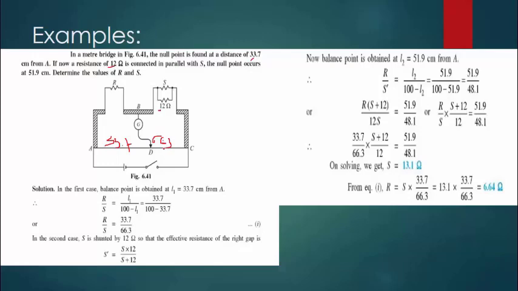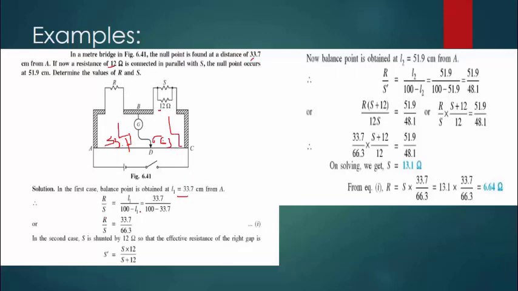Okay, so we have AD as 33.7 and DC as 66.3. So in the first case, when the balance point was 33.7, from our formula R over S is equal to the ratio of our two lengths, AD divided by DC. So you can call this L1, you can call this L2.